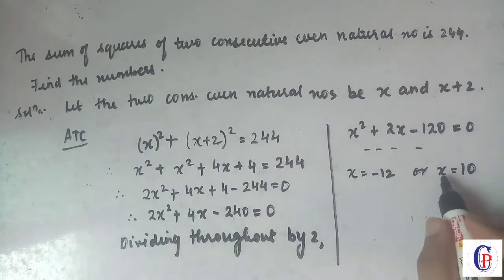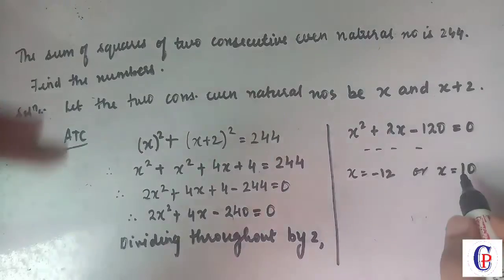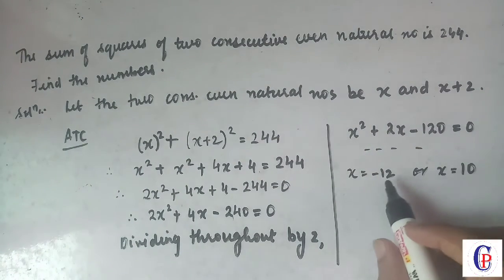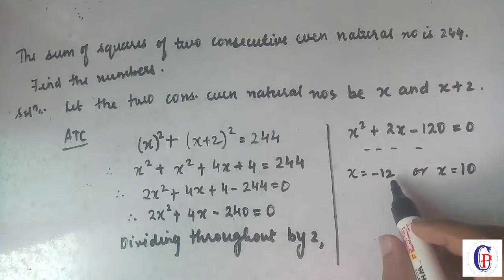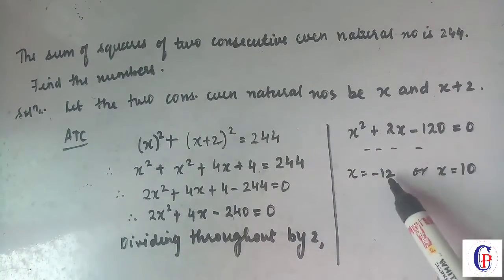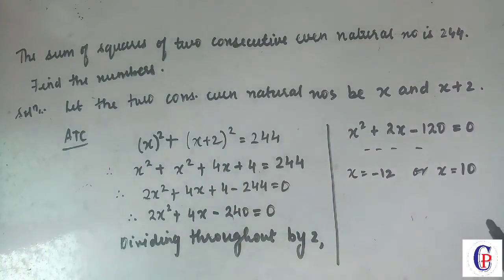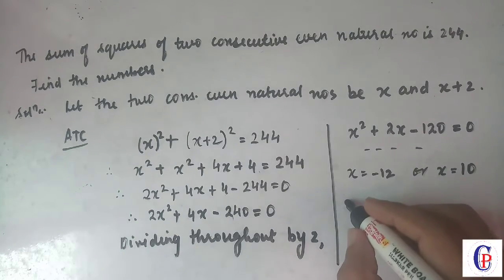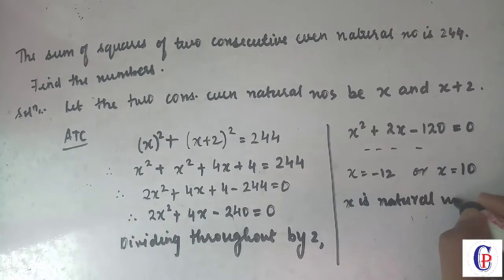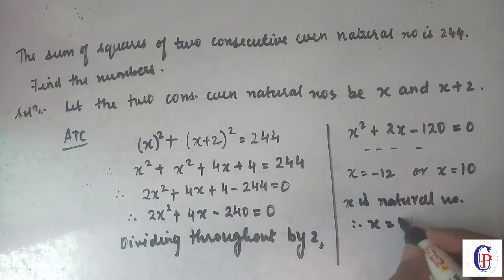So x is minus 12 and x is 10. So what happens is we have to choose which one is right, like whether we have to consider x equal to minus 12 or 10. So it says here even natural number. Now natural numbers are not negative. Natural number starts from 1. So you can write here x is natural number. Therefore x is 10.